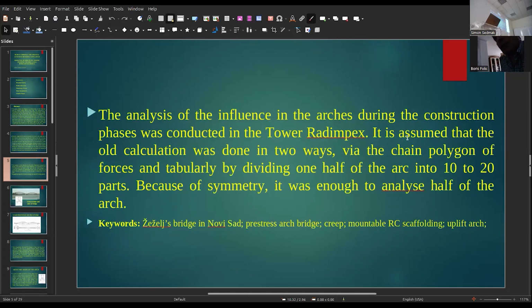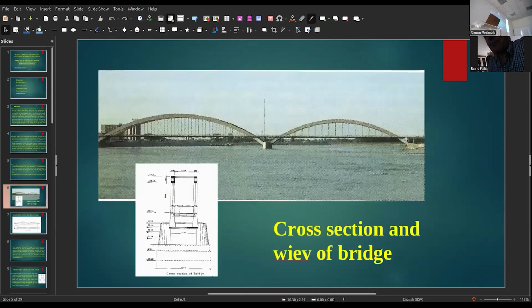The old calculation was done in 2 ways, via the chain polygon and force, and tabularly by dividing half of the arch into 10 or 12 parts. Because of the symmetry, it was enough to analyze half of the arch.